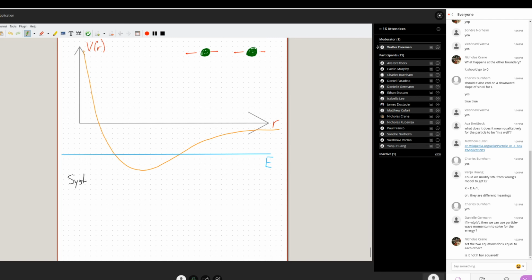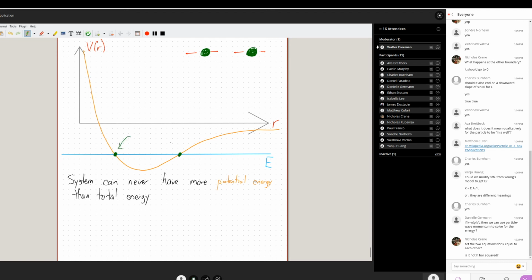So that means that our two atoms are confined to never be more than that distance away from each other.